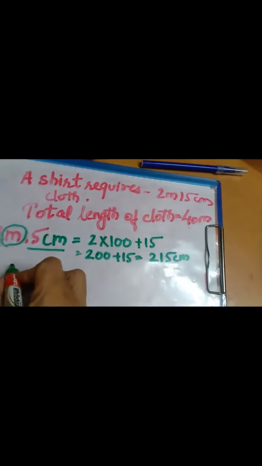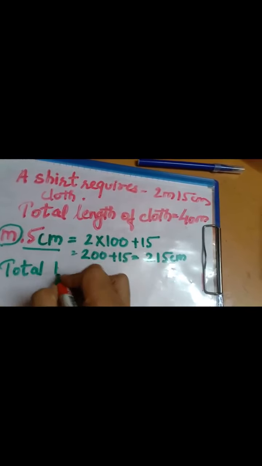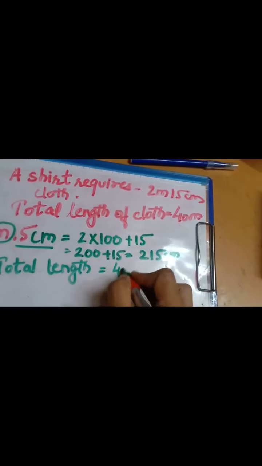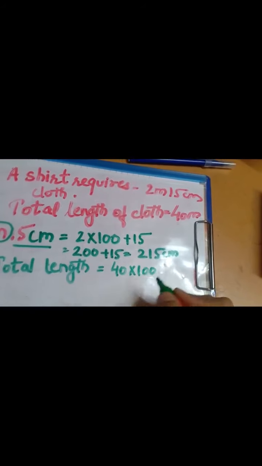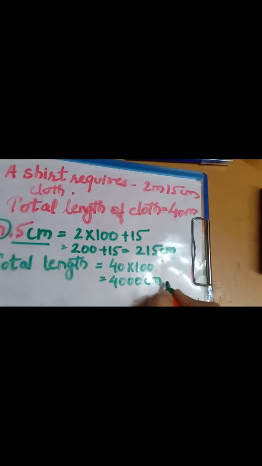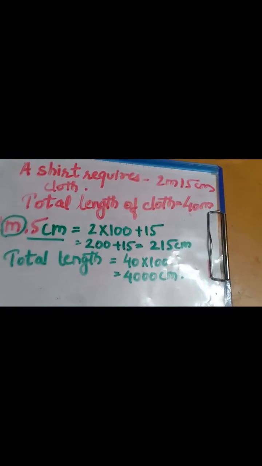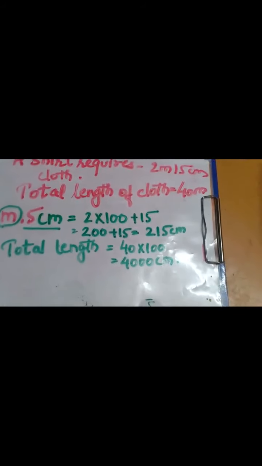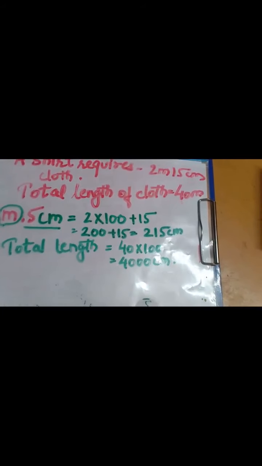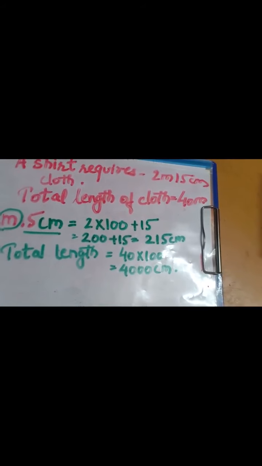Now total length of the cloth, that also we'll convert into centimeter. Total length would be 40 into 100. So that gives me 4000 centimeter. Now the question is, we have to find how many shirts can be stitched in this much length of cloth, that is of 4000 centimeter cloth.